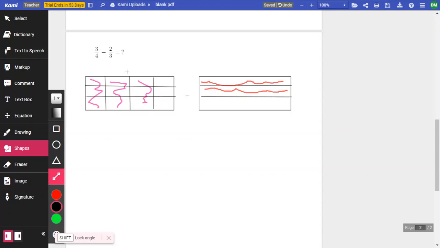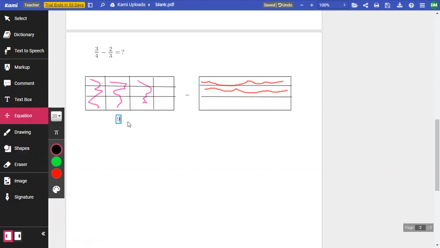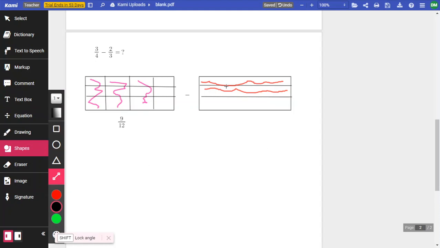And notice now I've got 1, 2, 3, 4, 5, 6, 7, 8, 9, 10, 11, 12 boxes, and 4 times 3 is 12. So that's where that's coming from. So now instead of dealing with 3/4, I am dealing with 9/12. And let's put our fourths into our thirds here. So we got 1 line, 2 lines, 3 lines. So now instead of dealing with 2/3, I'm dealing with 8/12.